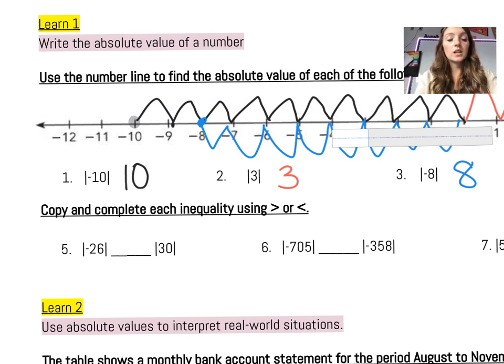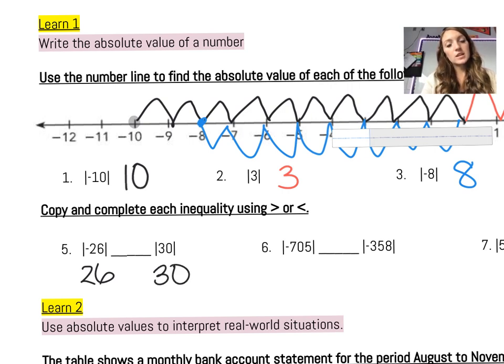So right below -26, I want to write what its absolute value is, which would be positive 26. For 30, my absolute value is positive 30. Now I can compare. 26 is less than 30. Okay, so I've shown my absolute value below, and I'm using that then to write my inequality.